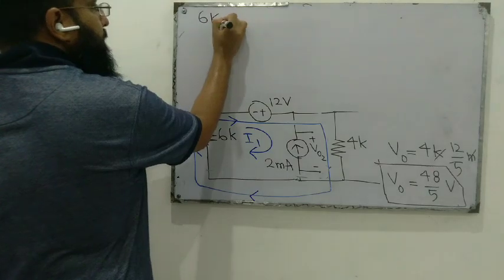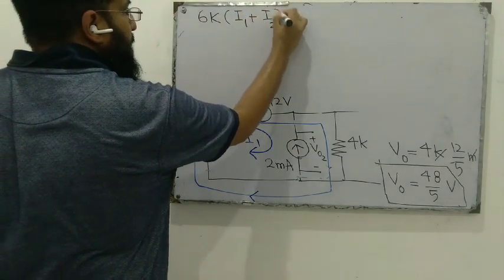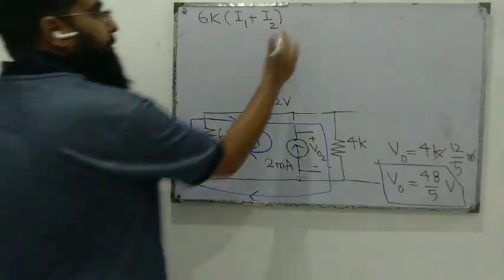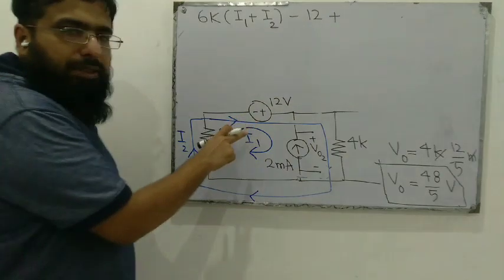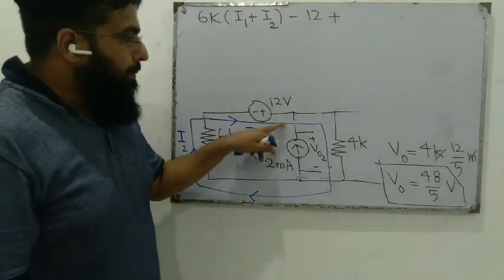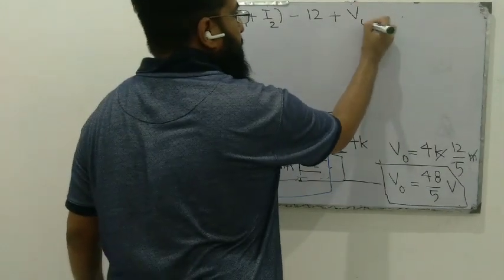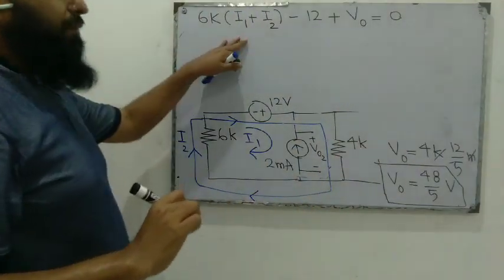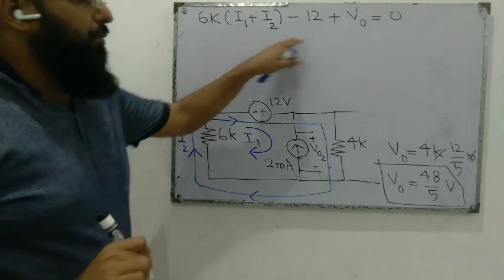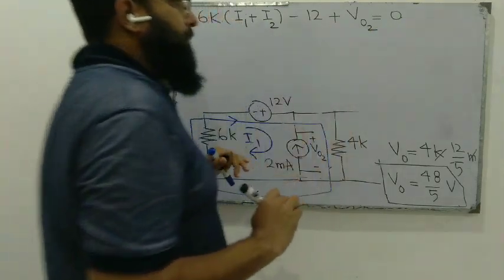6K times I1 plus I2, the voltage drop across 6K resistor, minus 12, voltage rise in the 12 volt source, plus this voltage, because the current enters from the positive side, so voltage drop V out 2 is equal to 0. We know the values of I1 and I2, and we can find V out 2.